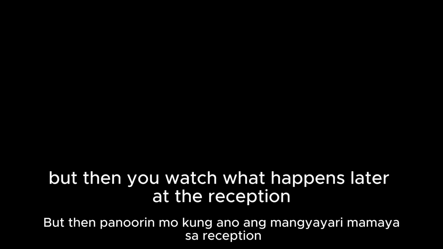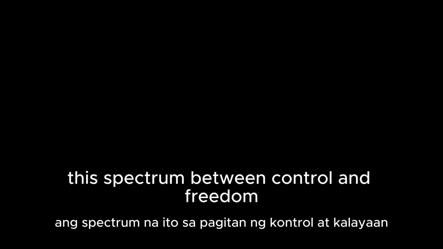But then you watch what happens later at the reception. Totally different. Once the formalities fade, the movement of the crowd shifts entirely. The control loosens, people start expressing themselves without restraint, and the whole atmosphere becomes fundamentally unbound. So this foundational awareness, this spectrum between control and freedom, is the absolute starting point for analyzing any human action. That concept sets the stage.